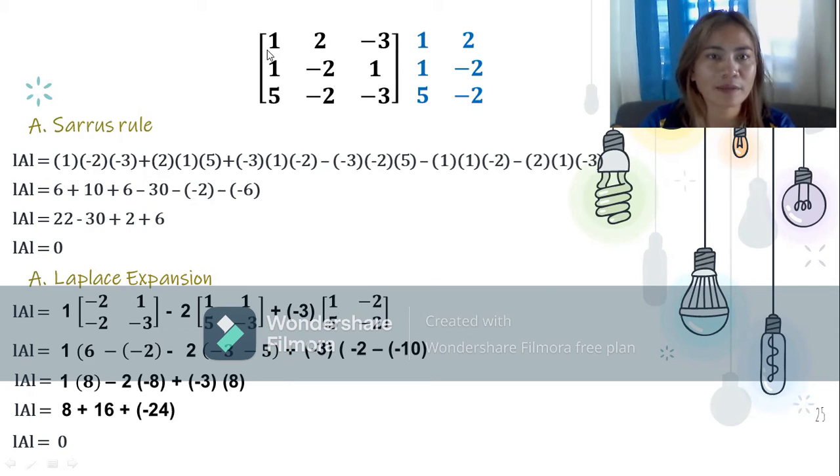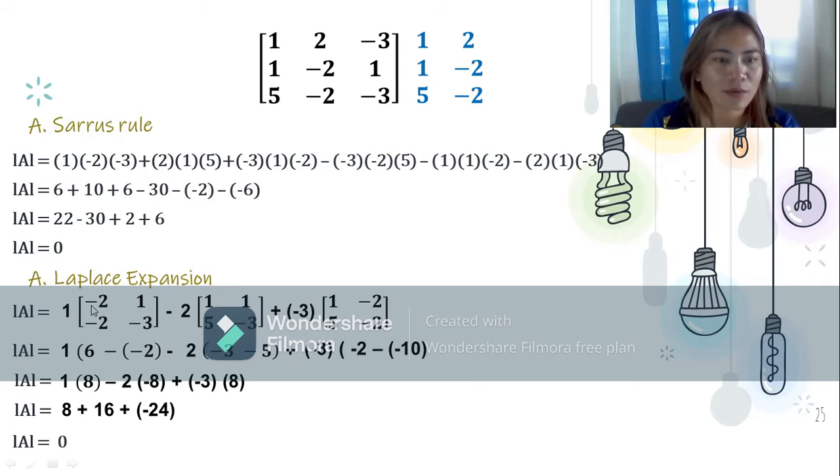So you have 1 times the determinant of this, minus 2 times the determinant of 1, 5, 1, negative 3, plus negative 3 times the determinant of 1, 5, negative 2, negative 2. Okay.